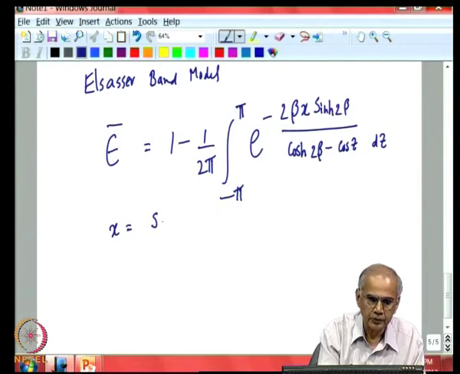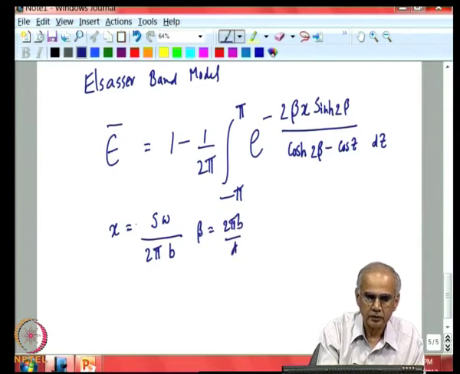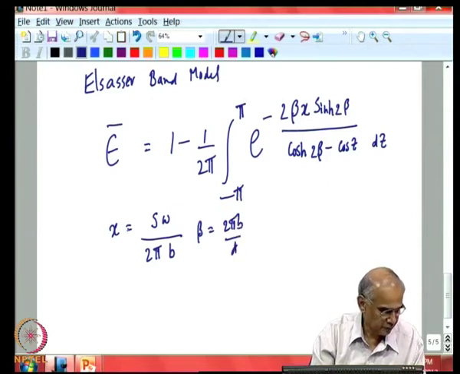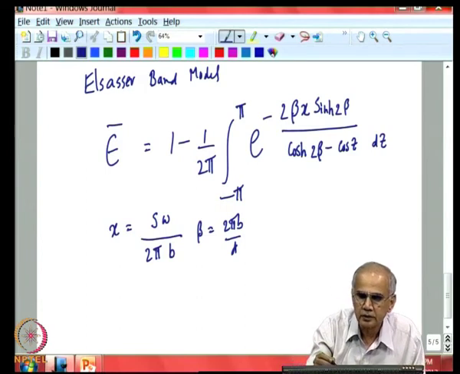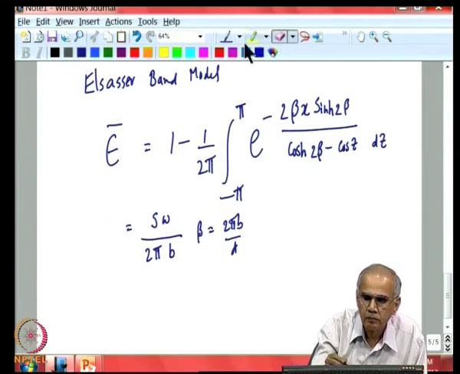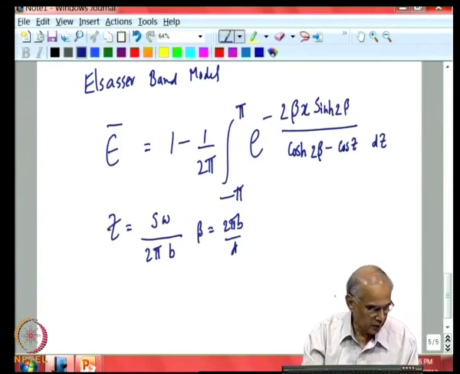S times frequency, or in this case omega by 2 pi, the line width, and beta is nothing but 2 pi b by d. This is the line structure parameter, this is a non-dimensional frequency. I am sorry, this is z here, and we are integrating over frequency, and this integration can be done.